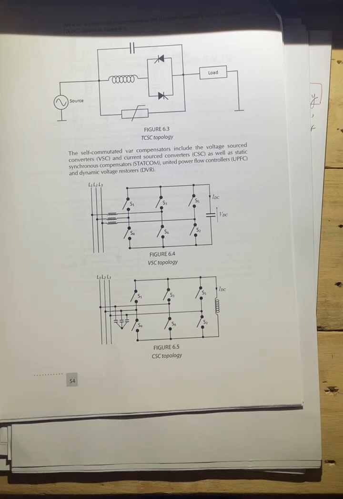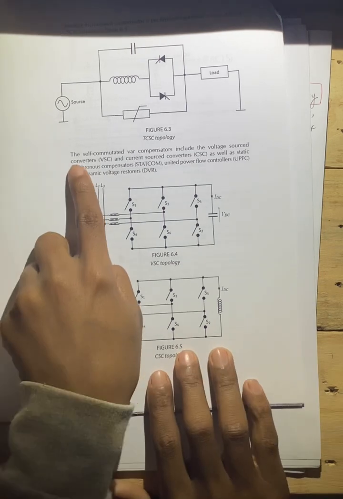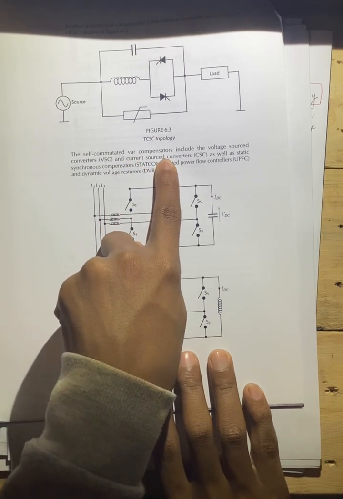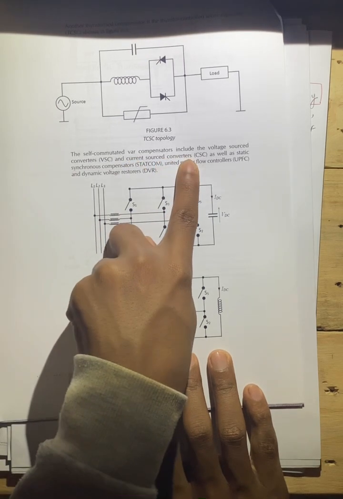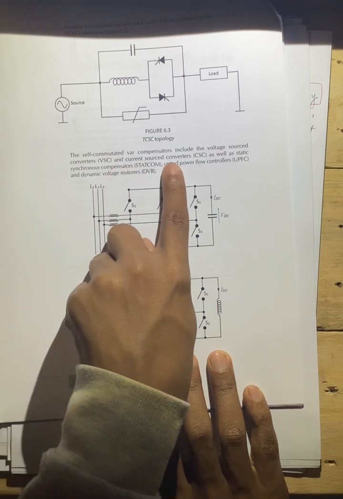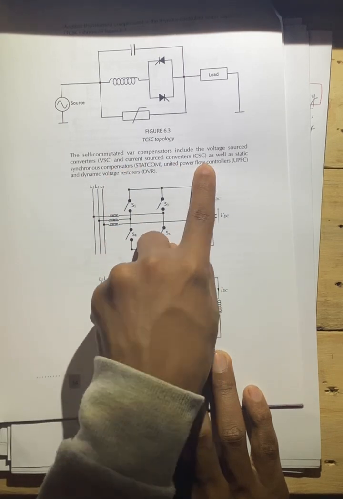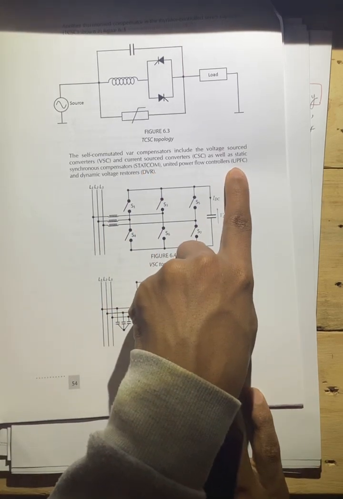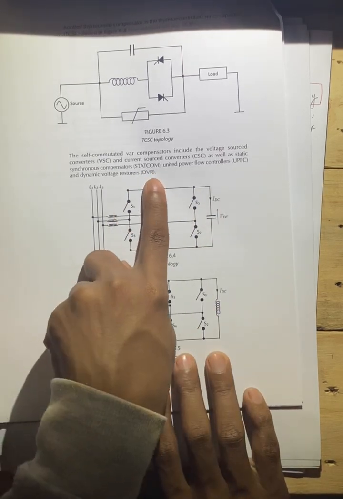Now, again, these are fancy terms. What do these terms mean? It's simple. The self-commutated VAR compensators include the VSCs and the CSCs, as well as your STATCOMs, your UPFCs, and your DVR.